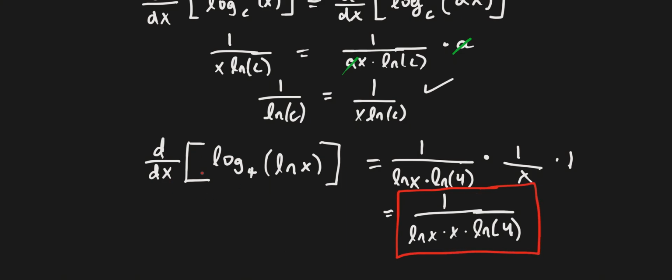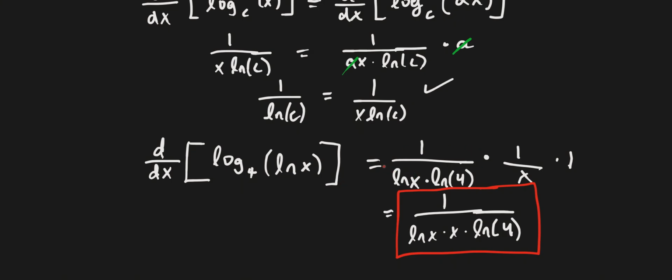Okay, what did I do here? Well, basically I used the same thing, right? 1 over log base 4 of ln x is just going to be 1 over, instead of x we have ln x, like we had 4x before, right? We just wrote it like that and then differentiated later. That's exactly how it is. We just do 1 over ln x times ln 4, but then we have the inside, so we left that alone, but now we have to differentiate it because it's like the chain rule, right?